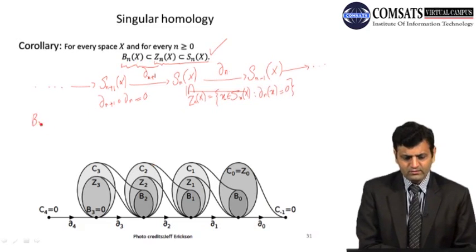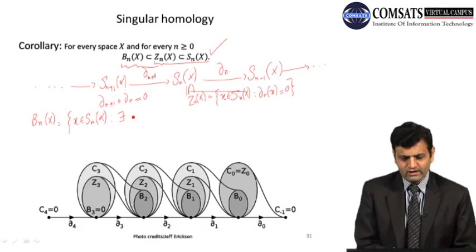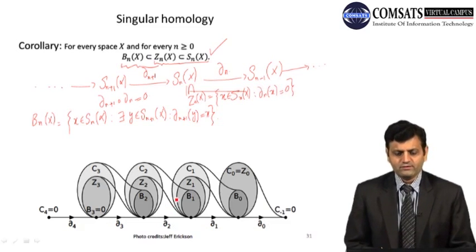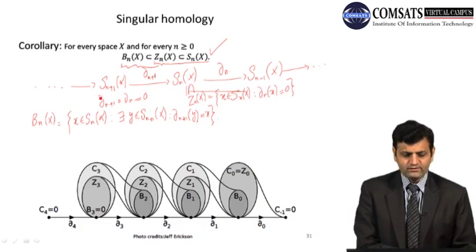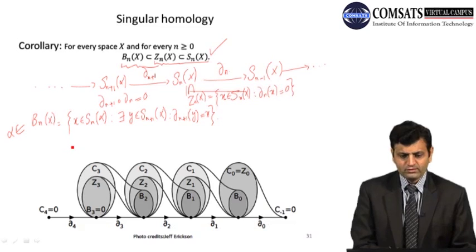Bn of X is defined as the elements X belonging to Sn of X such that there exists Y belonging to Sn+1 of X such that partial n+1 of Y is equal to X. In other words, the set of elements of Sn of X which are images of some element of Sn+1 of X. So take an element from here, let's call it alpha, and now I want to show that this belongs to Zn of X. In other words, when we apply partial n on alpha, we get 0.